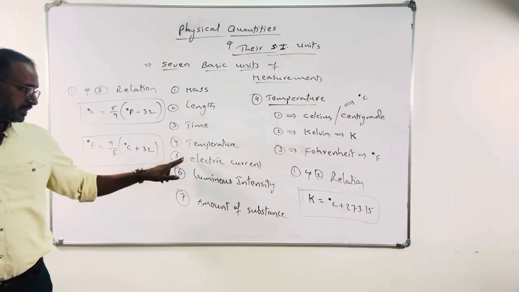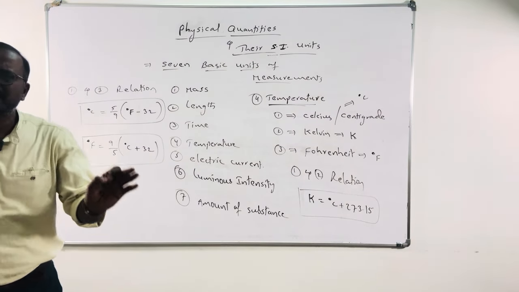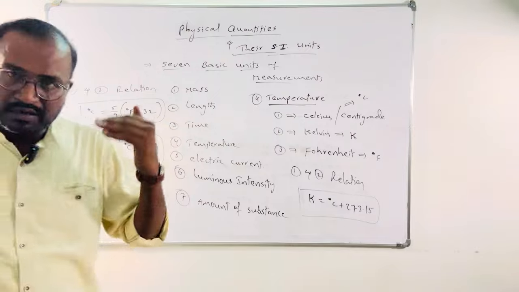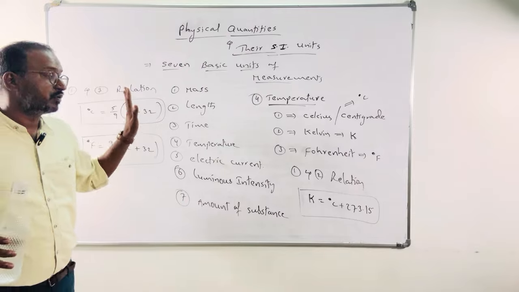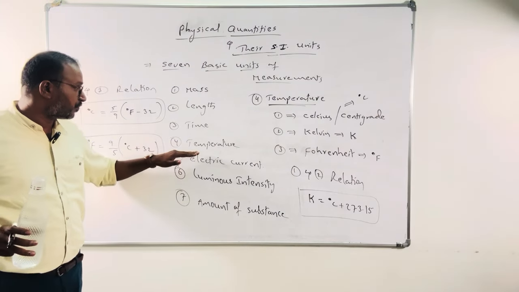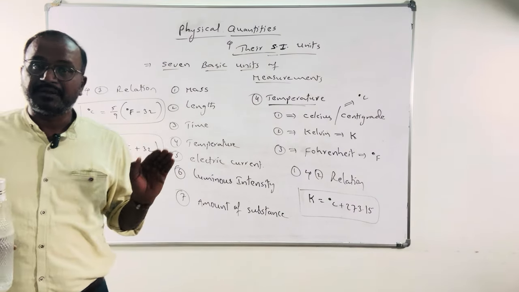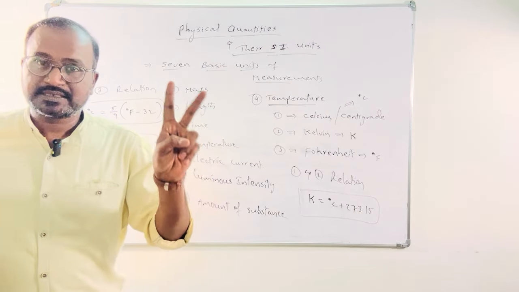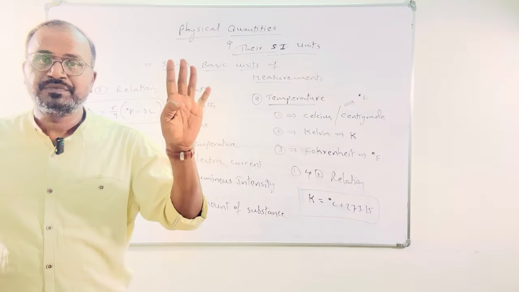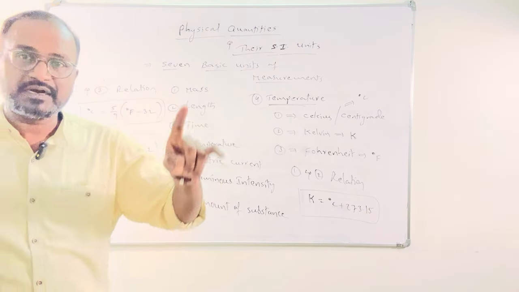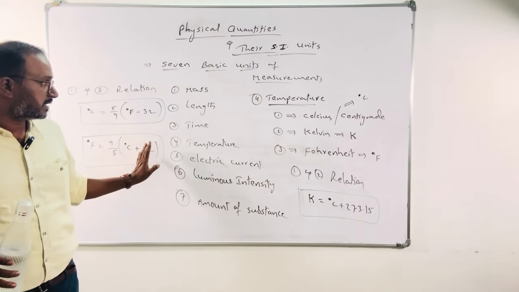Mostly these come in physics, so they are not required for us. That's why I'm not going to discuss them here. Up to four only we require: mass, length, time, temperature. How to convert them, we have seen.